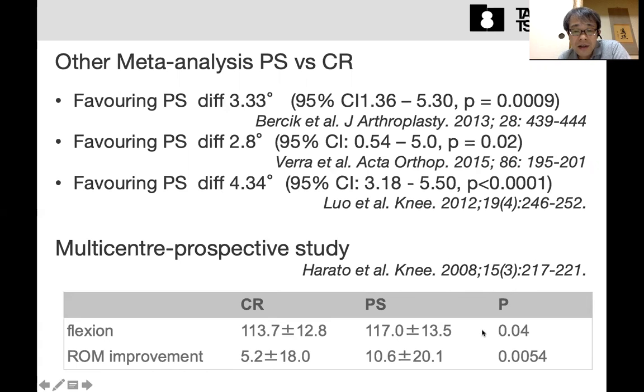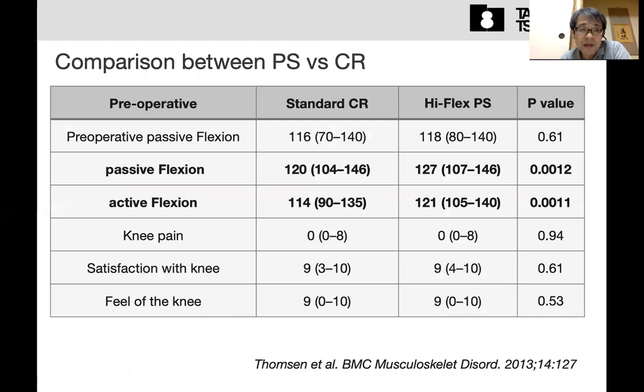The flexion angle is significantly better in the PS knee. And the improvement of ROM is 2 times higher in the PS knee. But both had a significant difference between the CR and the PS.